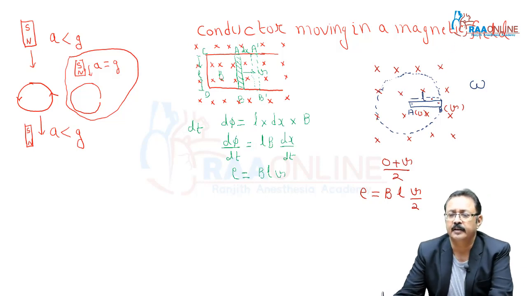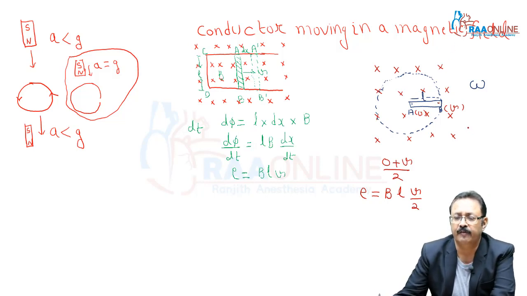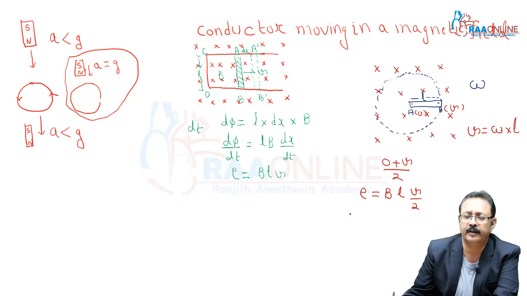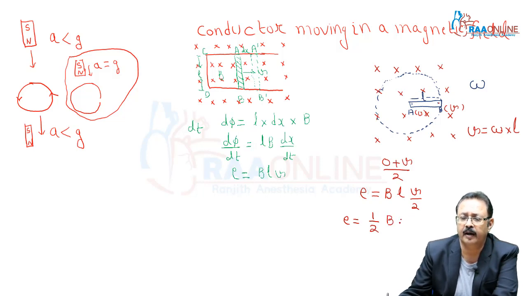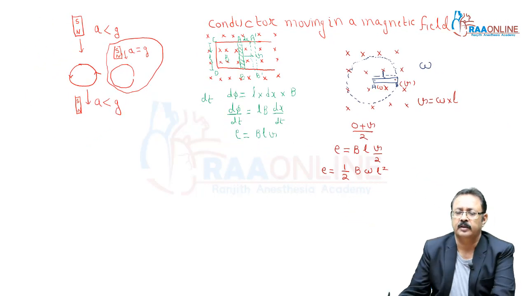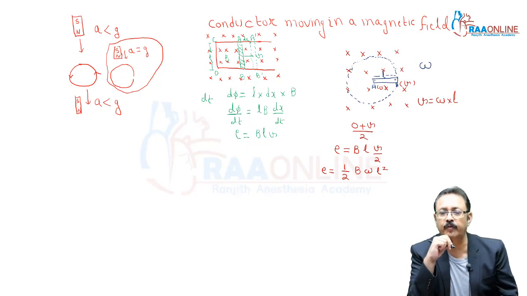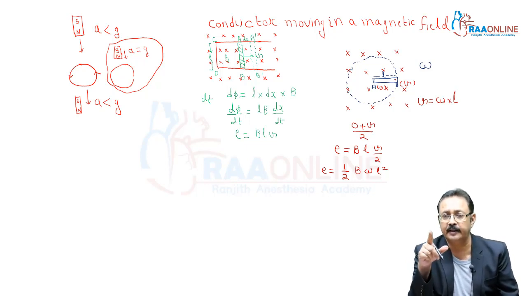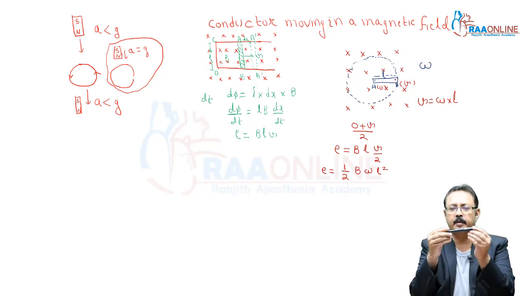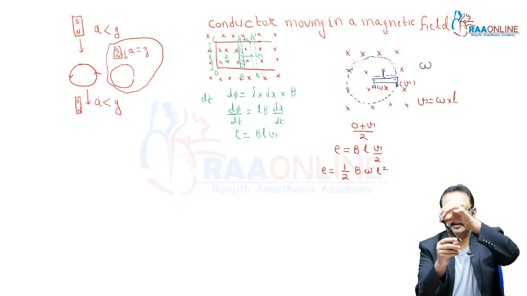But what is v? The linear velocity of this end. We know that v equals omega into r, and in this case r means the length of the rod, so v equals omega L. So we will get half B omega L square. This amount of induced EMF will generate in this rod if it is moving in a magnetic field like this.